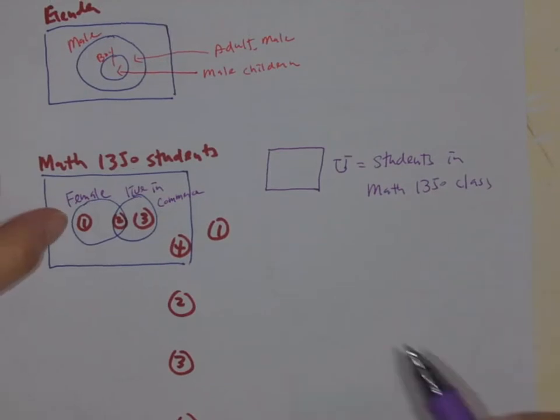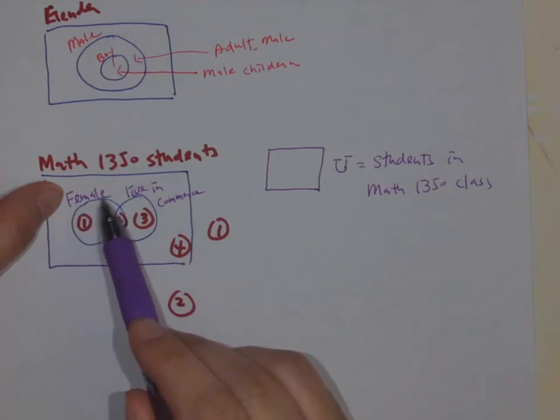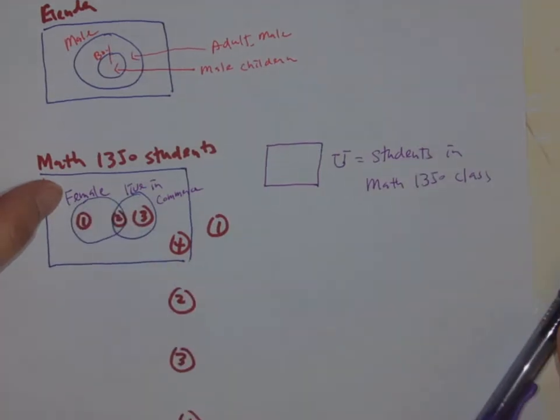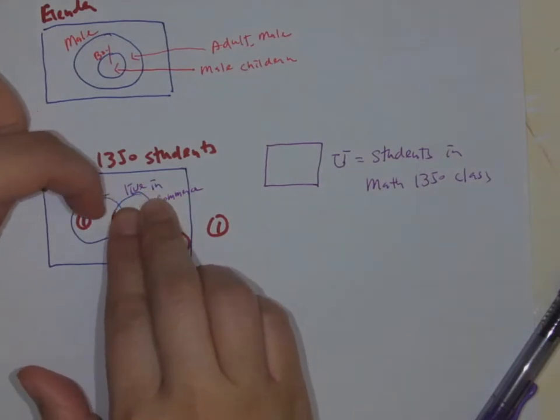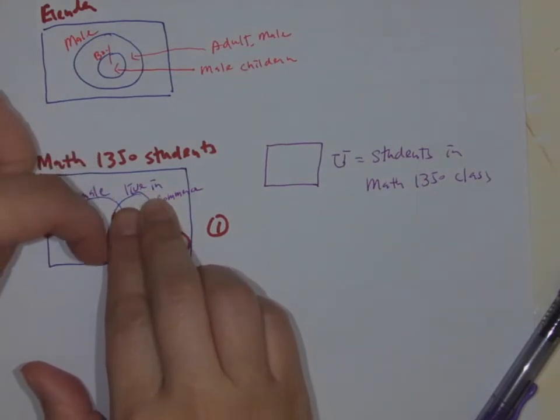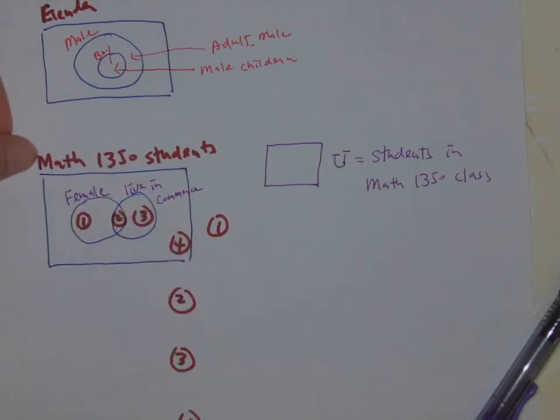So in 1, it's going to be female for sure, right? But I don't want it to be anywhere in this circle. 1 is just this section in the female circle, but excluding everything live in commerce, right?